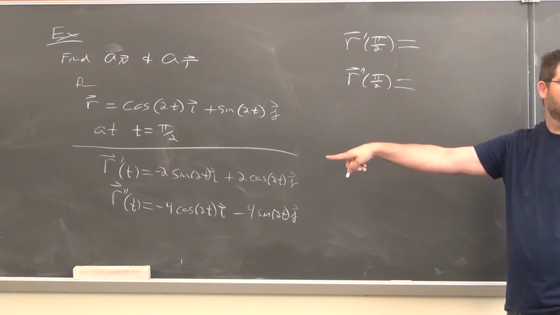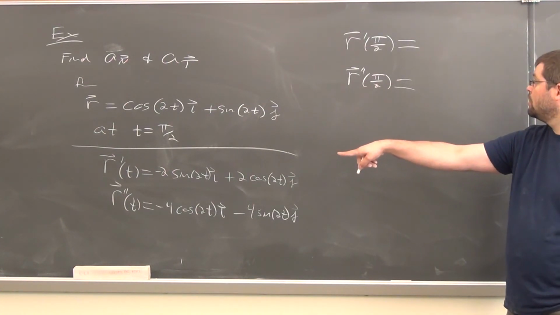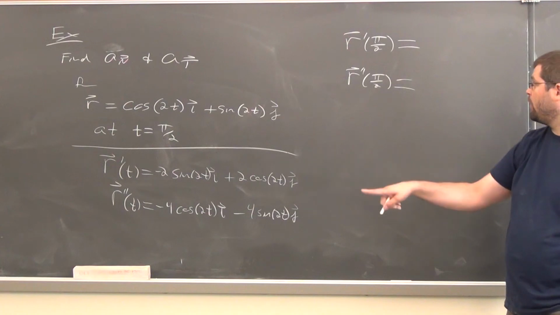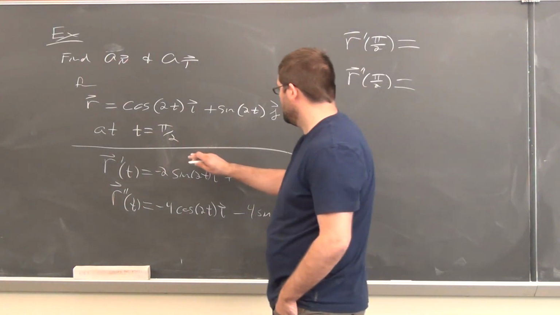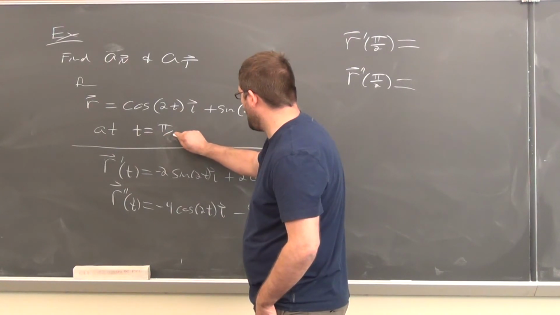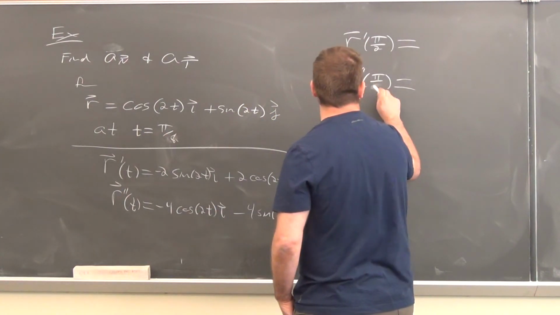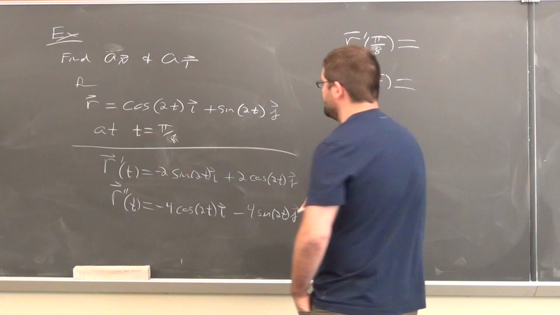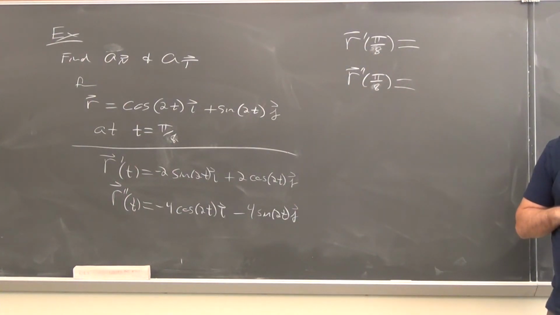I'm getting sine of pi, right? Shoot, let's do this instead. Let's do pi over 8. Got a more interesting answer. Pi over 8. So now when I plug that in, I'm evaluating at pi over 4, right? So what do I get?